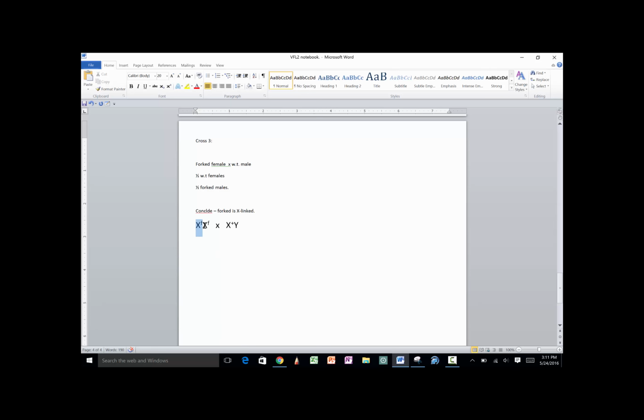Well, this part makes it kind of cool. We can get that X from mom, and we can get this X from dad. And forked is recessive. This inheritance pattern is characteristic of X-linked recessiveness.